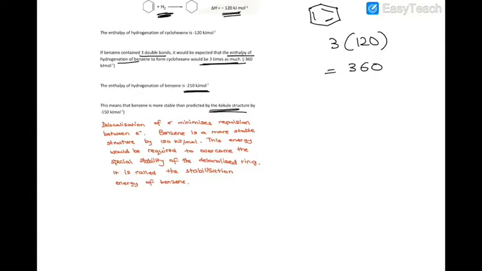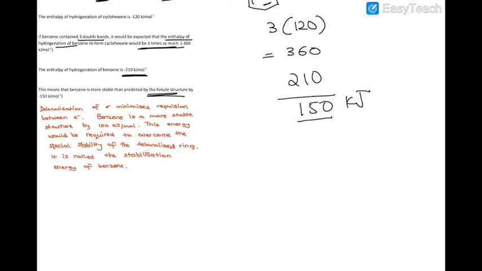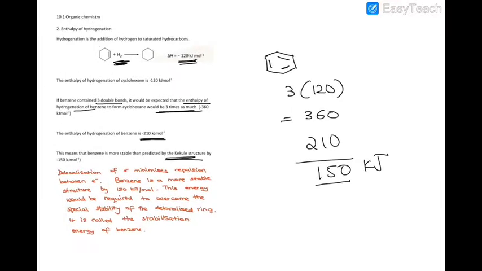This is called the stabilization energy of benzene. So instead of 360, it takes only 210 kilojoules per mole to hydrogenate benzene, which makes a difference of 150 kilojoules.